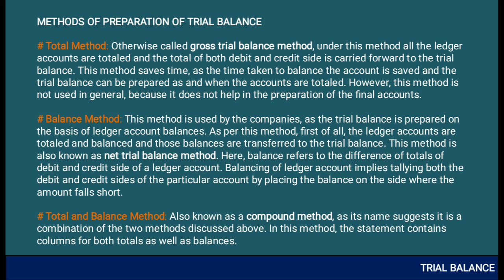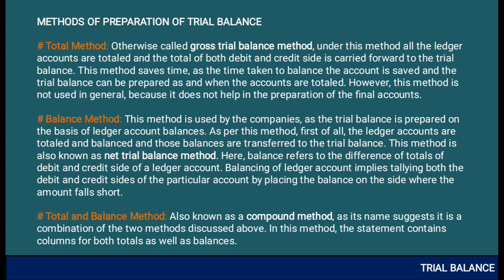Just like if the total of the debit side of the cash book is 100, then while preparing the trial balance, in front of the cash account, okay, we have to write 100 on the debit side. If the total of the credit side of the cash book or the cash ledger is 80, then similarly that 80 rupees we have to transfer in the trial balance. So that was the total method.